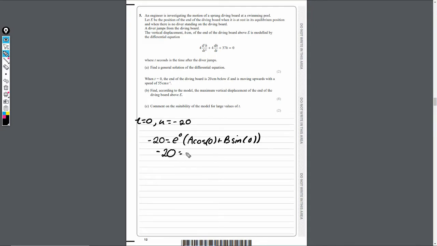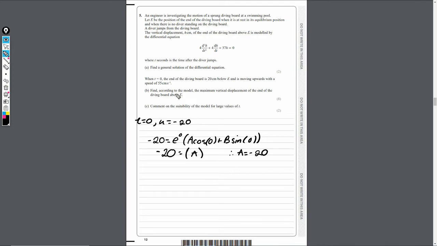That e to the 0 is just going to be 1, so it's going to be a cos 0, which is just going to be a, and that b is going to cancel. Okay, so I get minus 20 is equal to a, or I can just say a is equal to minus 20. Okay, so hopefully that's clear so far how we've done that. We've just got a is equal to minus 20. So I've just subbed in t is equal to 0 and h is equal to minus 20, like we've been told just before part B here.